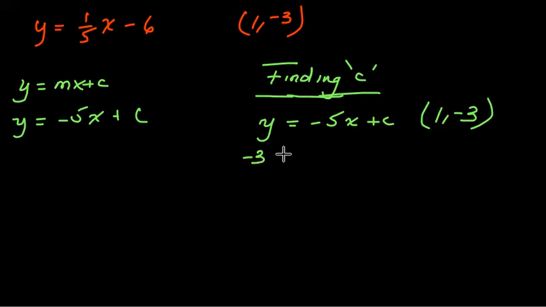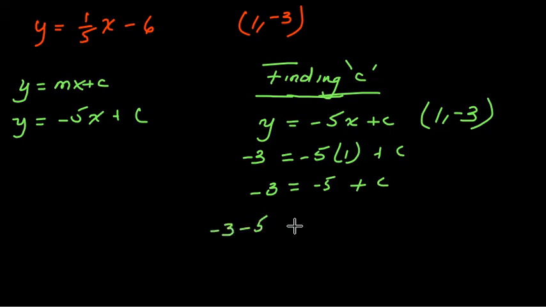So where I see y, I'll put -3, and where I see x, I'll put 1: -3 = -5 times 1 + c. -5 times 1 is -5, and then I'll transpose the -5. So -3 minus 5 is equal to c, hence c = -8. That's all I needed. So y = -5x - 8.